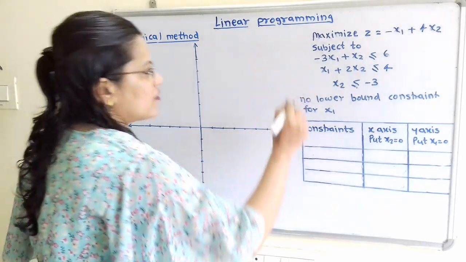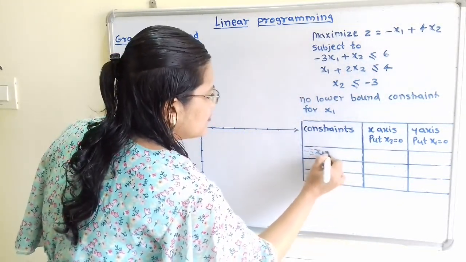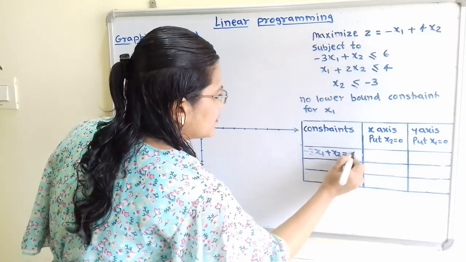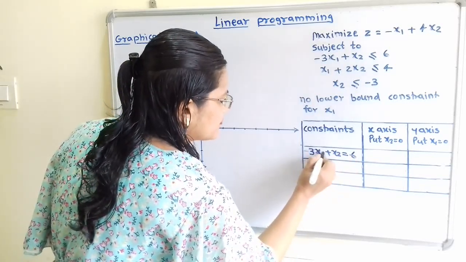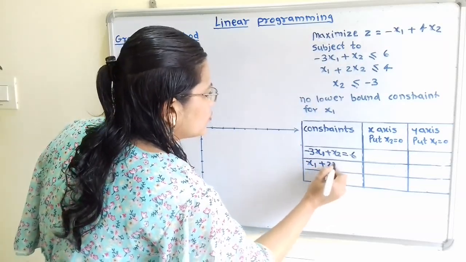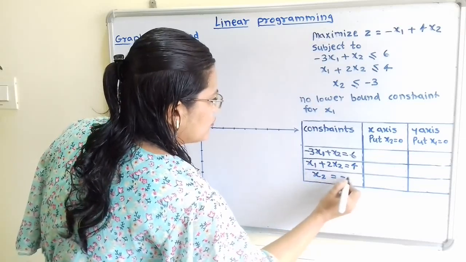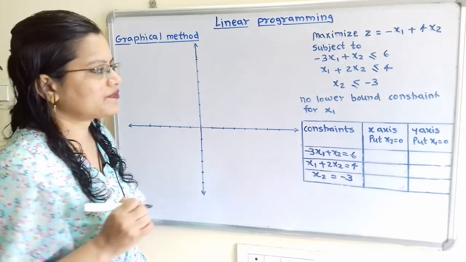So I will write the first constraint, minus 3x1 plus x2 is equal to 6. Second constraint, x1 plus 2x2 is equal to 4. Third, x2 is equal to minus 3.